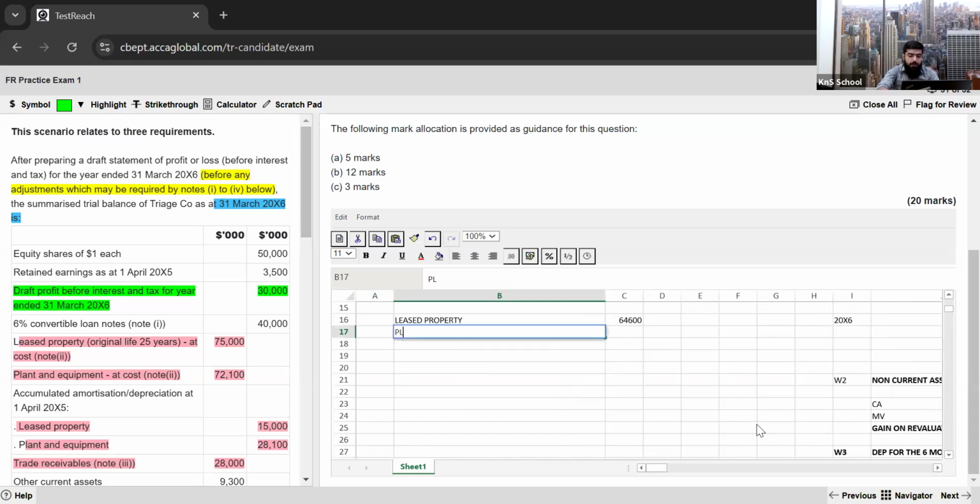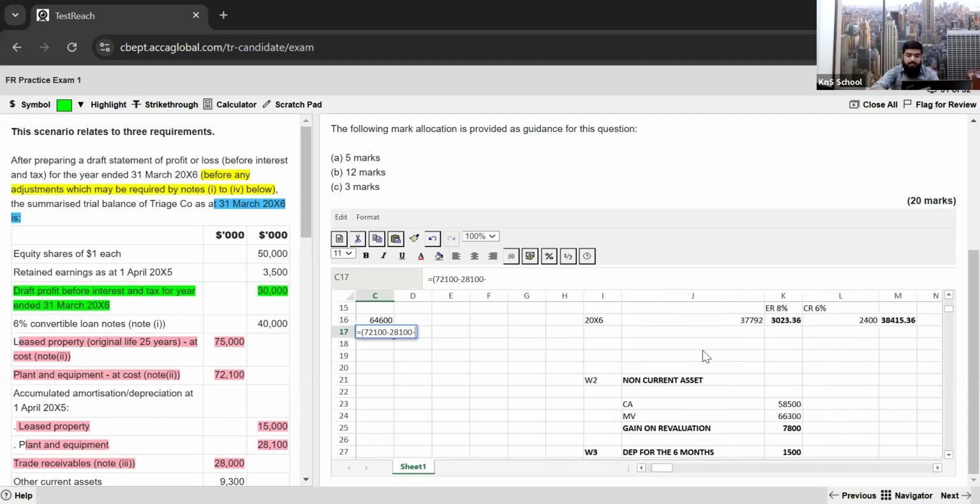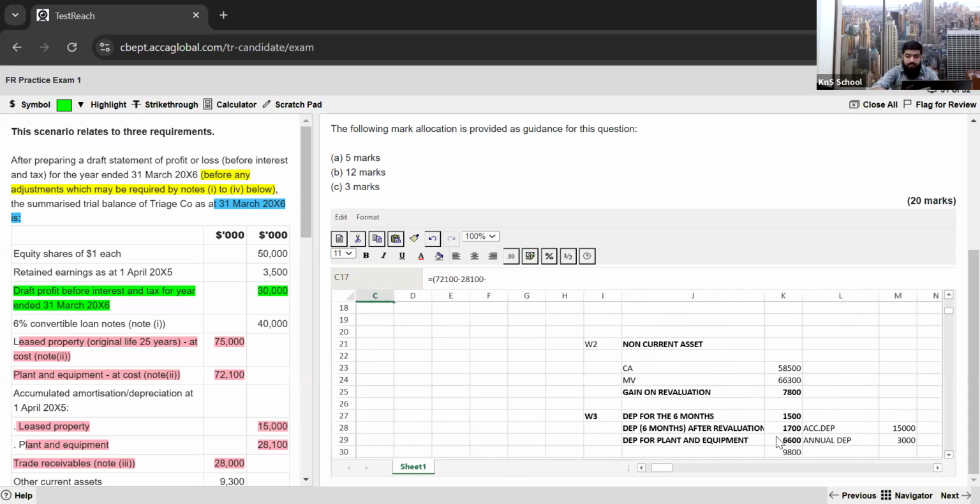Then we have plant and equipment. The working we have already performed. The carrying amount of the plant and equipment was 72,100, minus the accumulated depreciation of 28,100, and the depreciation for the current year, that is 6,600.